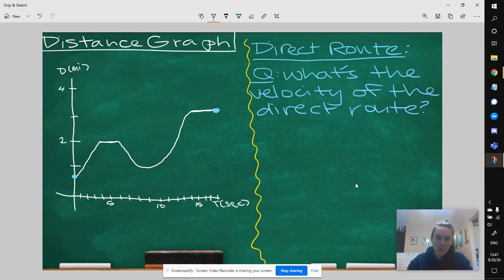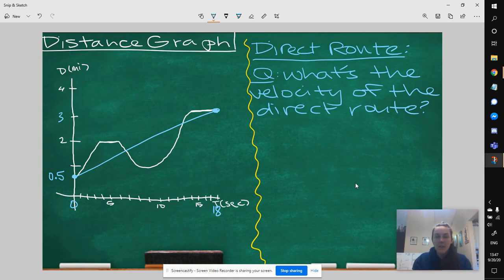Here we go. Not too bad. If I were going a direct route, it would go straight from 0.5 to 3. It would start at 0 minutes and end at 18 minutes.